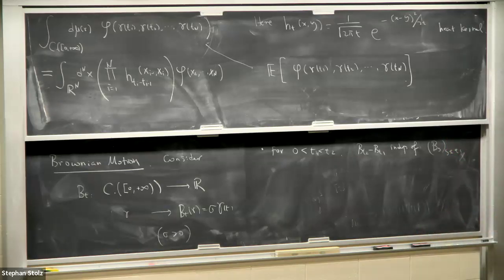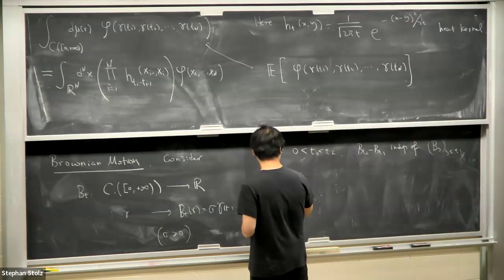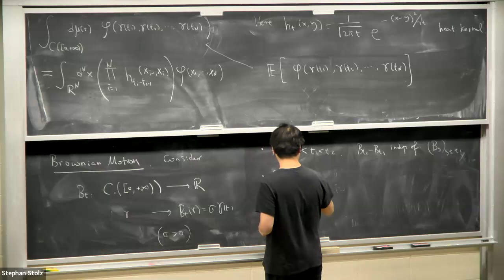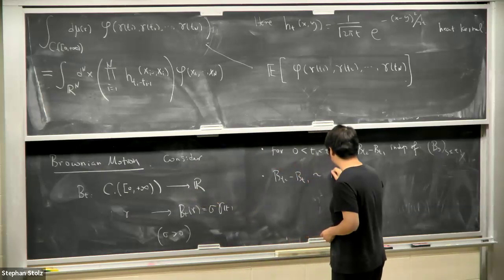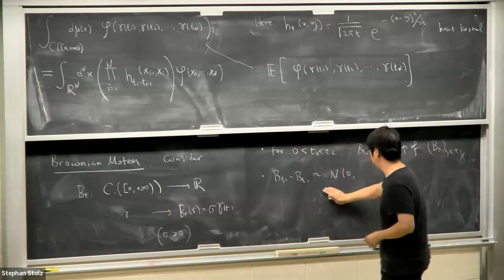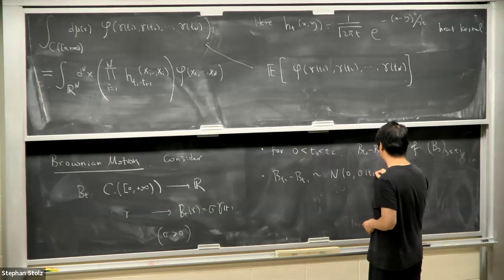And actually, it has a precise probability description. Here, there's a random variable. It's a normal distribution centered at 0, and the variance is sigma times t2 minus t1.